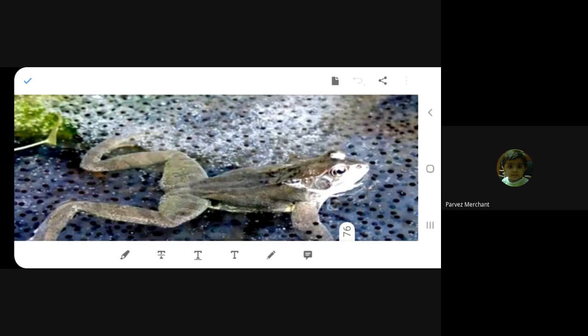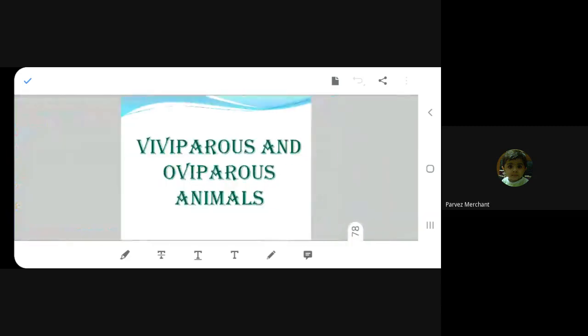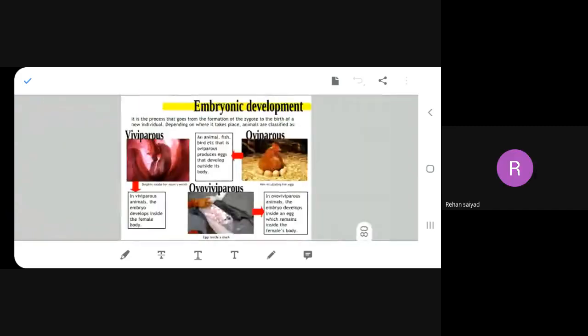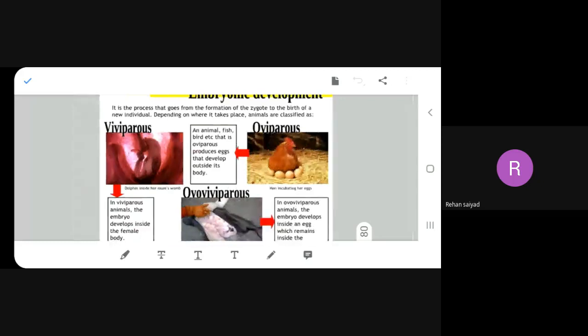Binary fission is a method of asexual reproduction. True. True, good. A zygote is formed as a result of fertilization. True. False. Who said false, beta? Muhammad.